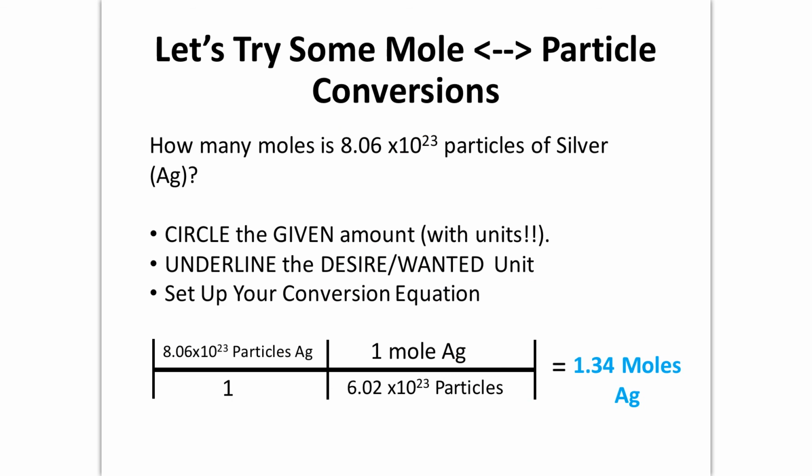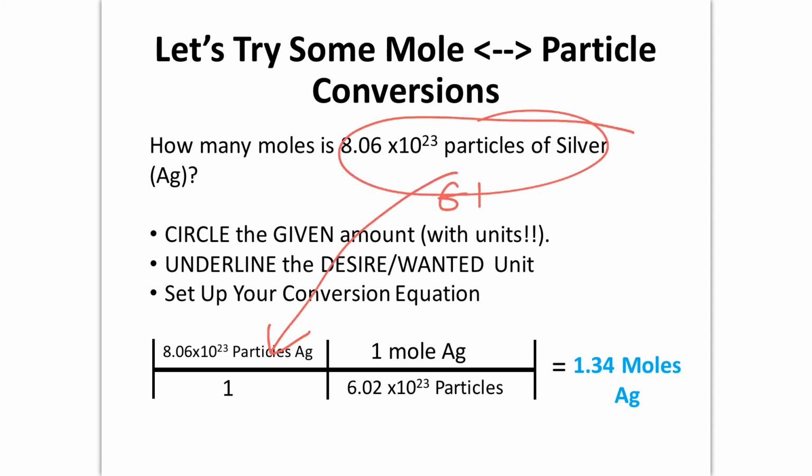Okay, so here's the last example of moles from particles. So we want to know how many moles are in this many particles. So again, I circle what I know. That goes there. That goes there. That's a given. Right, and what do I want? Moles, so that goes there. This is my want unit.